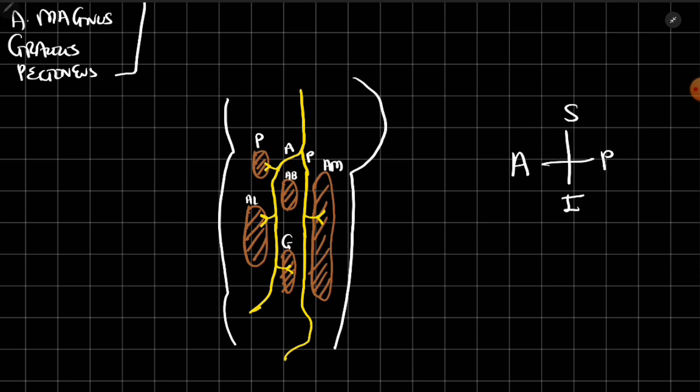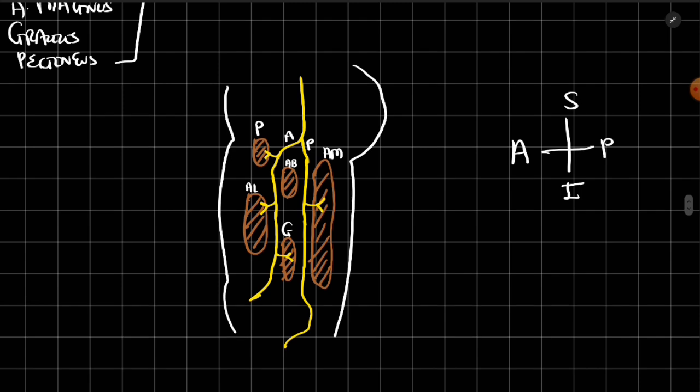Now you will wonder why I haven't given a branch to adductor brevis. Adductor brevis is supplied by both divisions. Sometimes it is given by the anterior division, sometimes by the posterior division, or sometimes by both.